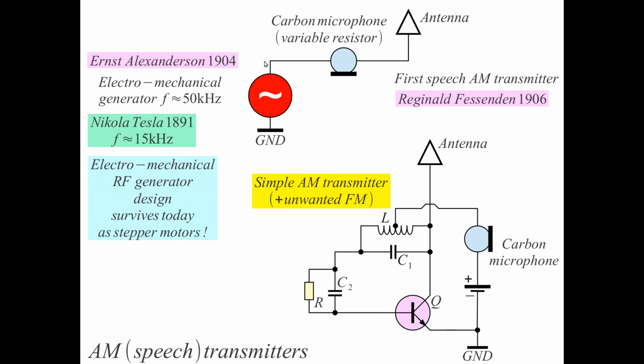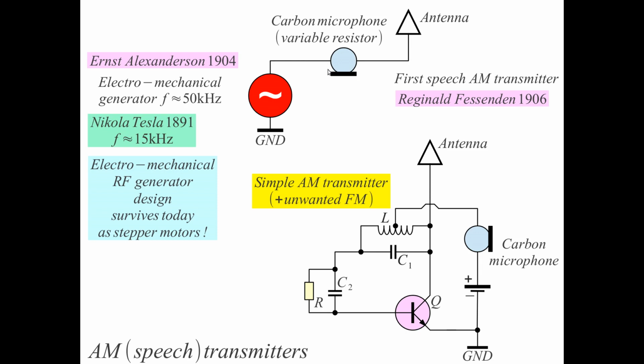Connecting this generator to an antenna, of course the generator itself is running all of the time, is not modulated, but if I put here a variable resistance, I can modulate this generator, and if this variable resistor is a carbon microphone, I can actually modulate the radio frequency signal produced by the generator by this carbon microphone.